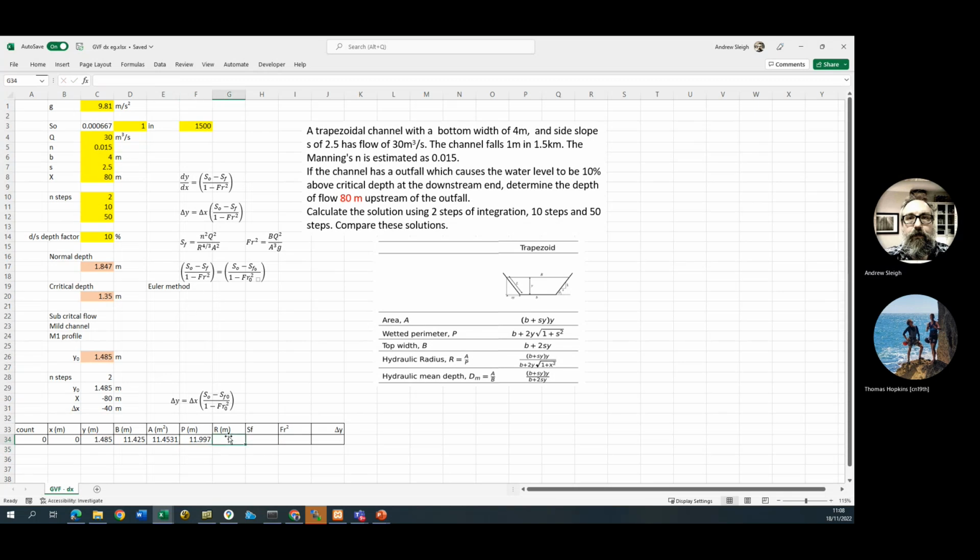Okay, R, easy one, this is just A divided by P. SF, well, here's our SF equation. Let's bring that a bit closer so we just remember what it is. SF is equal to the Manning's N fixed squared times the Q fixed squared divided by, I'm going to put some brackets in here just to make this a bit clearer.